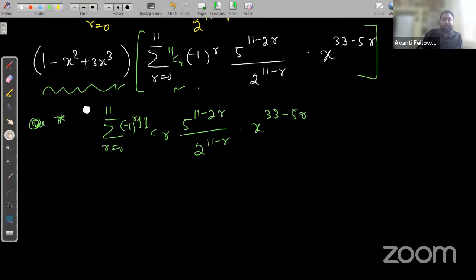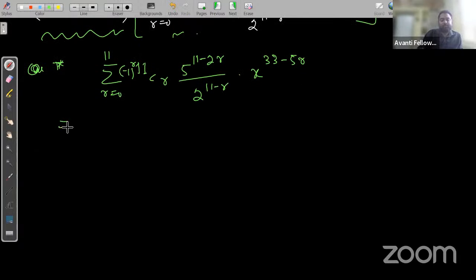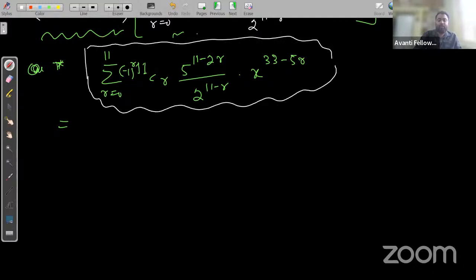Now tell me, how we'll get the term which is independent of x? That means this whole term must be independent of x. So what should we do?